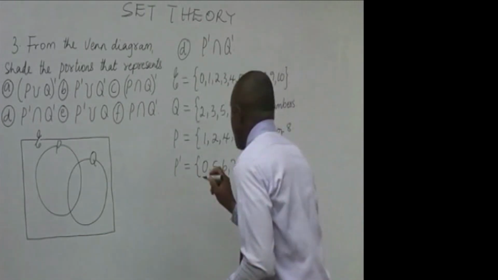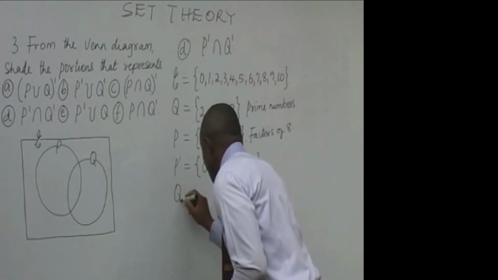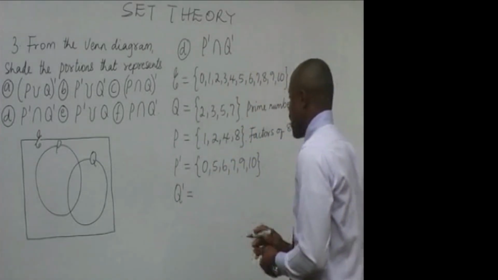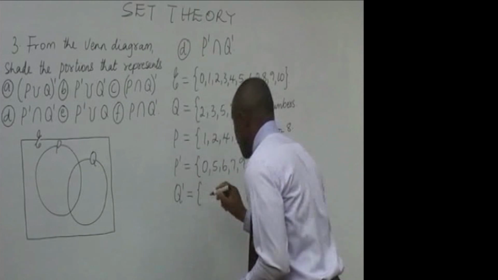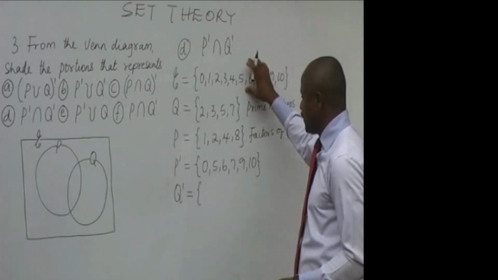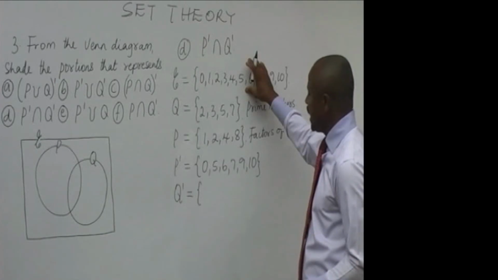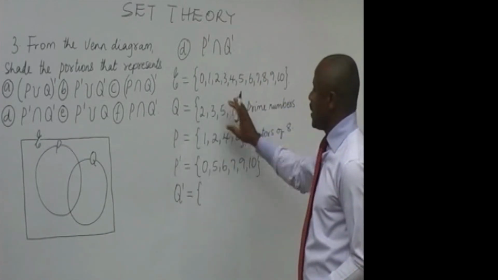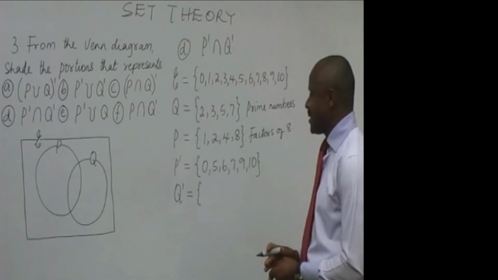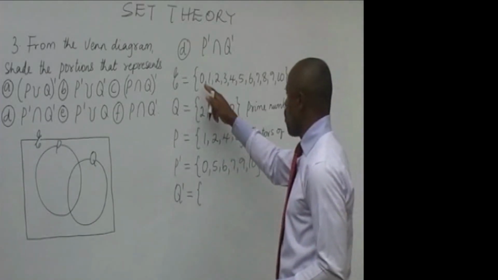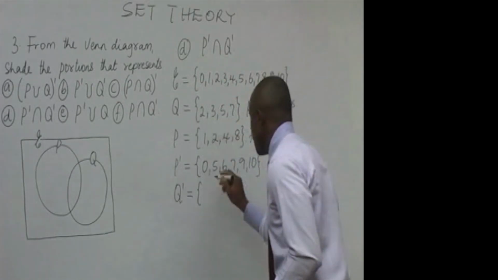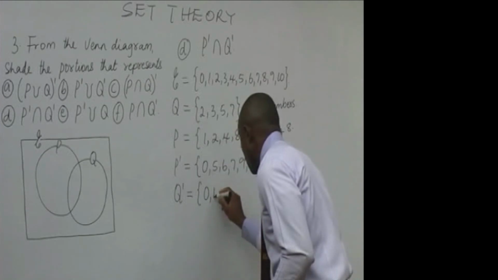Now let's find the elements of Q prime before we find P prime intersection Q prime. Q prime are members of the universal set that are not found in Q. So let's check. We have 0 and 1 in the universal but not found in Q. So we have 0, 1.